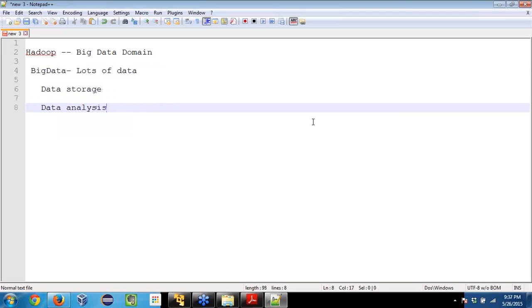A typical RDBMS developer... I hope everybody can see the notepad, right? I just shared a notepad.